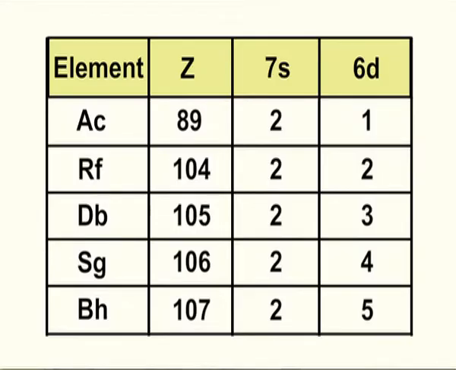We are looking here at the first element, actinium, of this series on the screen. Its atomic number is 89, its symbol is Ac, and its electronic configuration is also shown here. It has 2 electrons in its outermost shell and 1 electron in its penultimate shell.